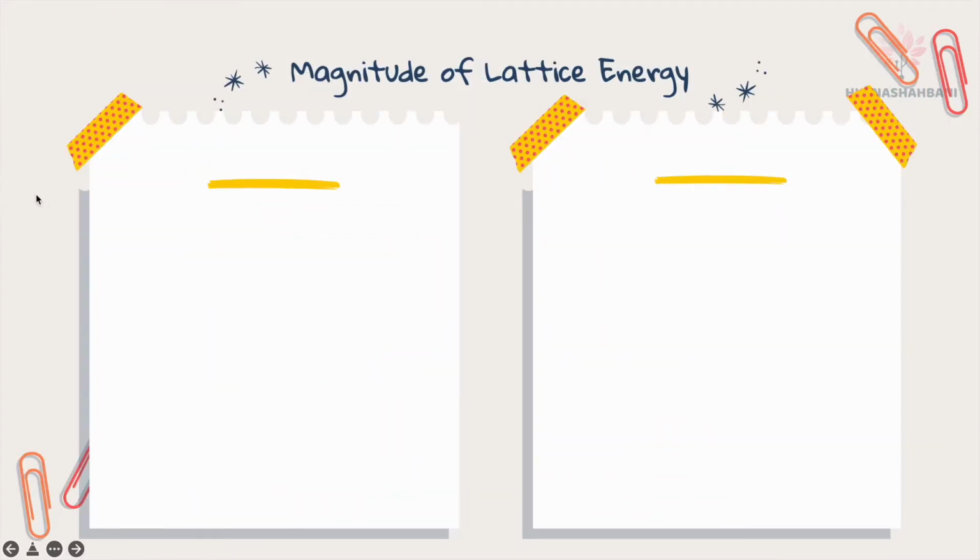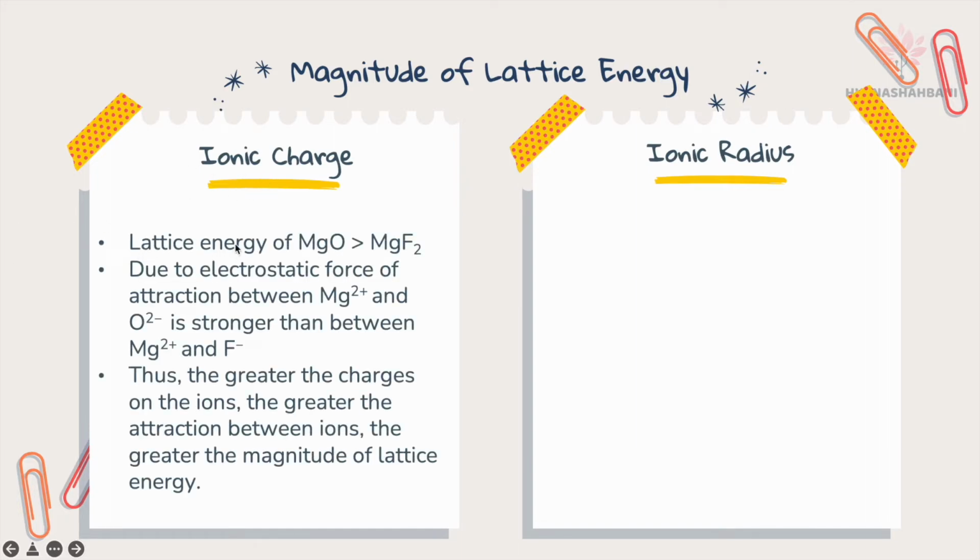The magnitude of lattice energy depends on 2 factors, ionic charge and ionic radius. Lattice energy of magnesium oxide is bigger than magnesium fluoride due to the electrostatic force of attraction between Mg2 plus and O2 minus.